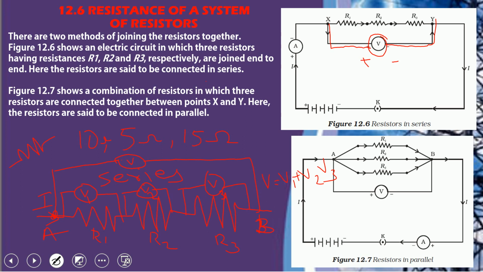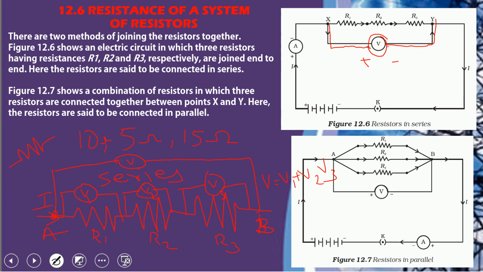If R1, R2 and R3 are connected in series, the potential difference across R1 is V1, across R2 is V2, across R3 is V3.